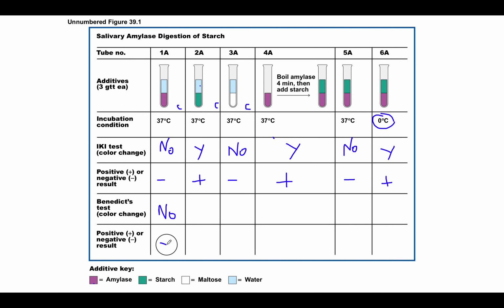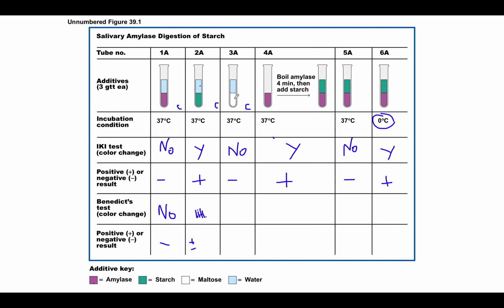It's negative. Now the second one, there was a little bit of color change, little color change. I can say positive, negative maybe in our case of the experiment.